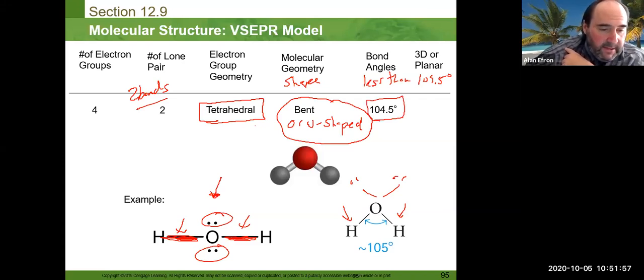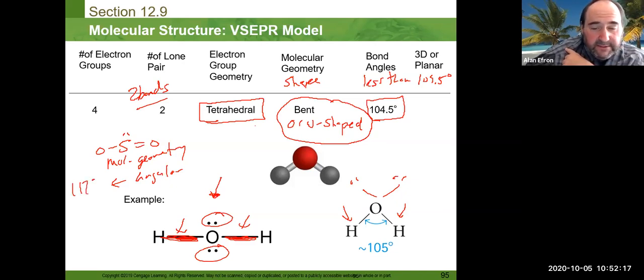So this is why earlier, when we saw SO2, for the molecular geometry I personally go with angular. I do that because this one has a bond angle of about 117 degrees, instead of bent or V-shaped, which typically has a bond angle of about 104 degrees. So there definitely is a difference between those two geometries.